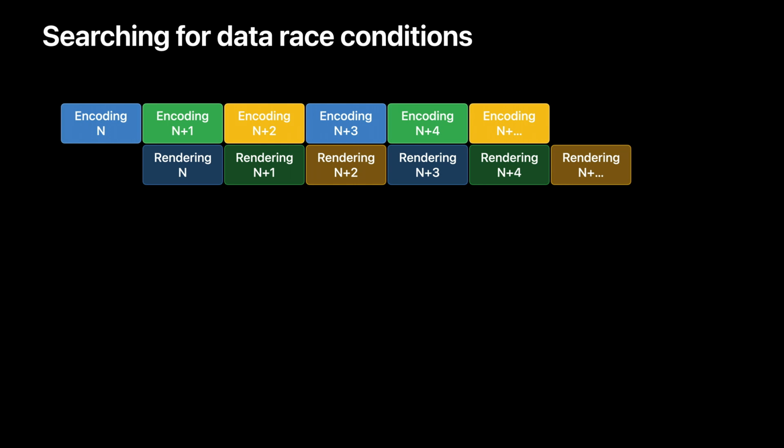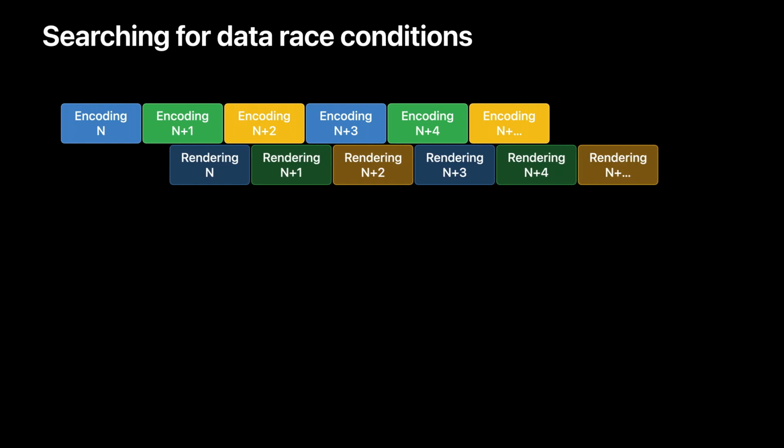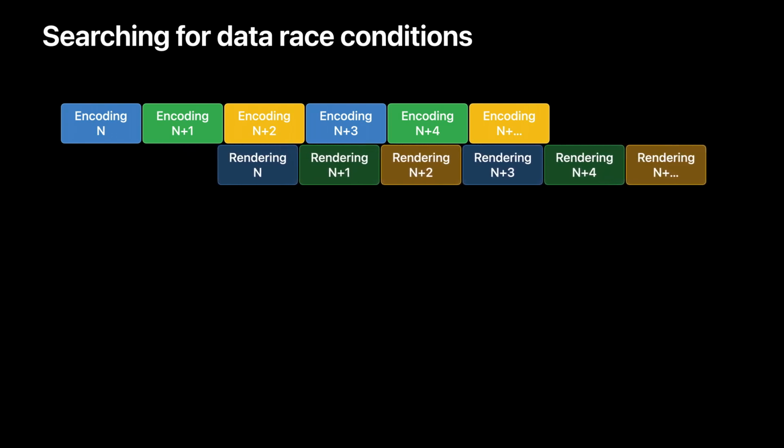Here, there is no concern of a data race condition with this arrangement, as our writing and reading of our shared buffers is mutually exclusive. It's very common to have latency between encoding the frame and the rendering of a frame. This causes a shift of when the rendering actually begins. As long as the latency isn't too long, you will not have a data race condition. However, what happens if latency continues to increase?